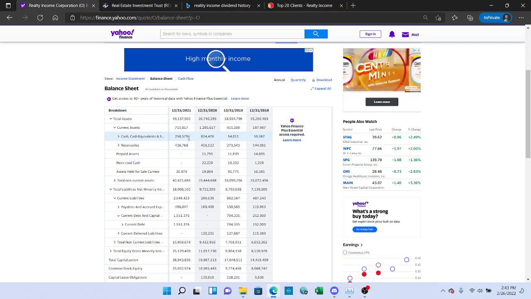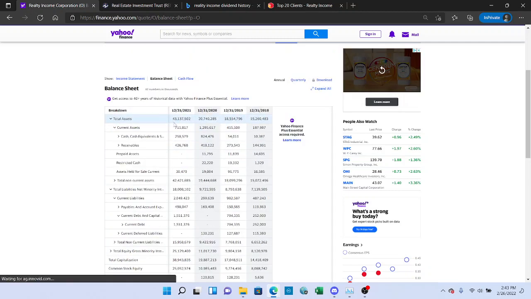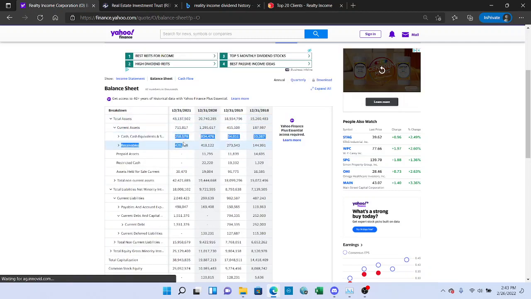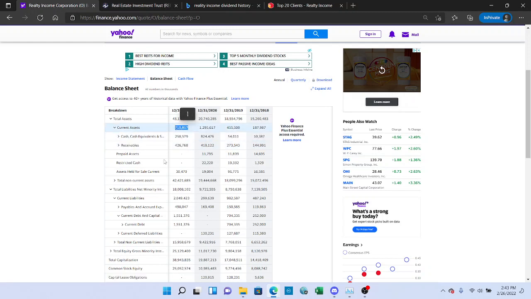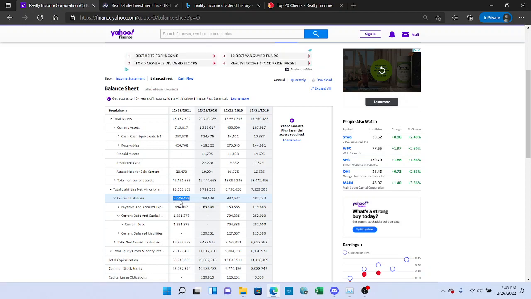And you can see that their cash and cash equivalents are actually not that high. So if we're looking at this number right here, we're comparing that 715 to this number right here. Clearly they're doing something different in 2021 because this number is much higher. So that's something we would want to look into.